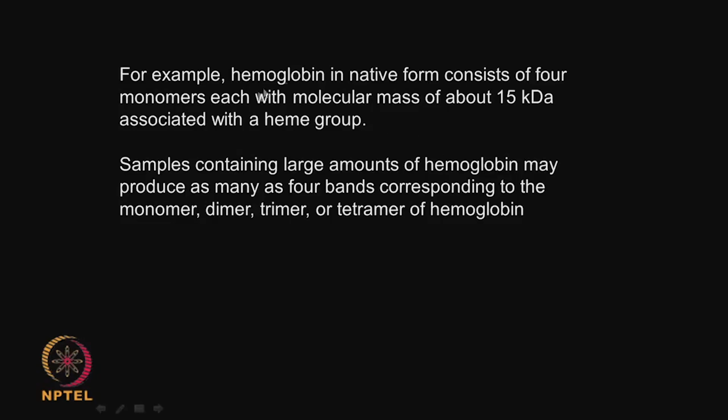For example, hemoglobin in its native form consists of 4 monomers, each of 15 kilodalton, all associated with the heme group. When you run that, you will see 4 bands corresponding to monomer, dimer, trimer or tetramer of the hemoglobin. So, we will have 4 different bands, each having a different molecular weight and each characteristic of the monomers present in the tetramer.